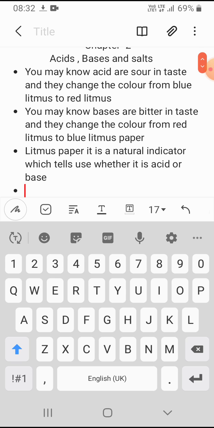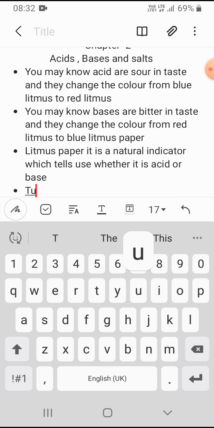While putting the litmus paper in acid, the color changes from blue litmus paper to red litmus paper. If you take a blue litmus paper and it changes to red, then it is acid. If the color of blue litmus paper stays blue only, then it is base. Turmeric is also a natural indicator.